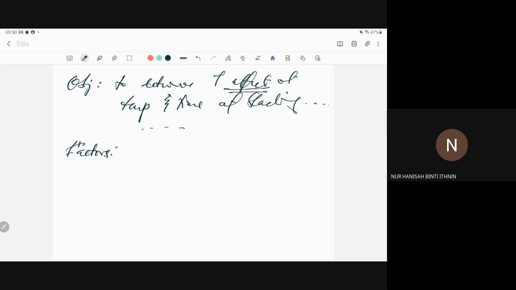What effects do you want to determine? Temperature and time. So now you have two factors: temperature, one, and time, second.